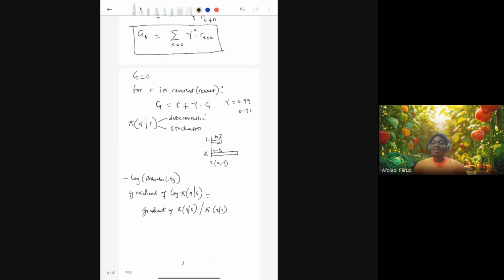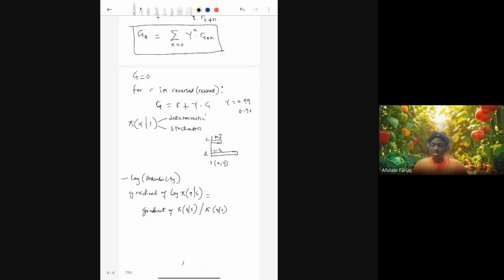And with that, we can have a much more uniform, a much more scaled probability of our policy, that is, of an action given a state. That's the log probability of an action given a state. So it's much more scaled and much more normalized.